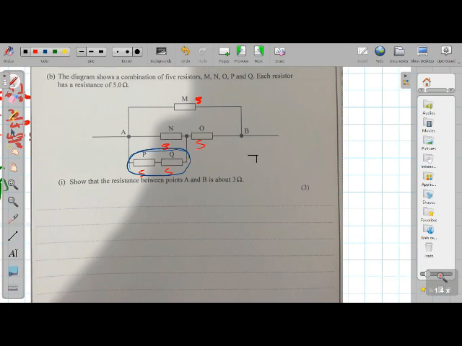So what is this part now? This looks really simple now because this one is a single resistor. So now 10 and 5. How to deal with these two? Now these two are in series and these two are in parallel.